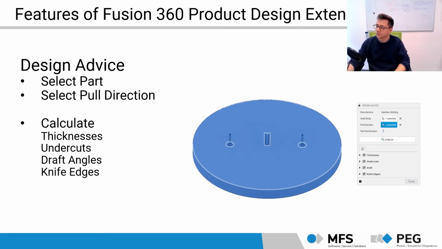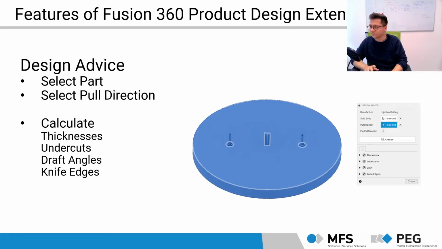And now to the most interesting one, or the most important feature of the product design extension from the plastic part designer's view. This is something that some of our customers might already know from the Moldflow Advisor. This is called the design advice.